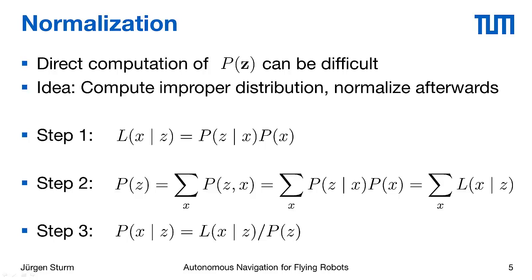And then in a second step, we sum all likelihoods, and we know that to turn this distribution L into a proper distribution, it has to sum to 1. So we can just divide through the sum over all likelihoods in step 3 then, and this gives us the true or a proper probability distribution of x given z.